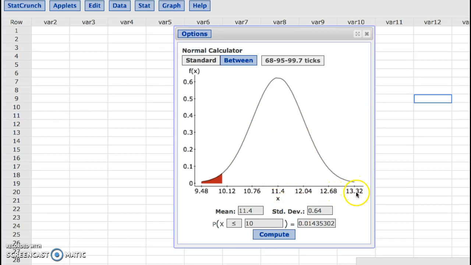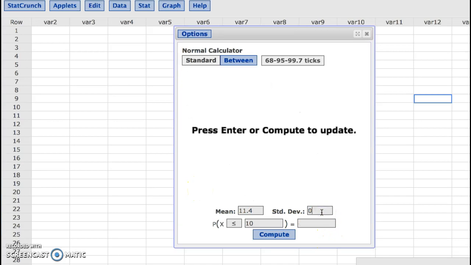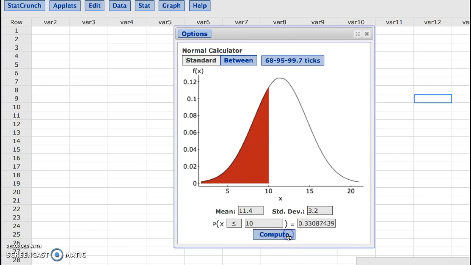The top part of your curve is only about 13.3, and only about 9.5, 3 standard deviations below. But in my underlying population, if I change this back to my population standard deviation, and then I click my tick marks, 3 standard deviations above average is already at 21. 3 standard deviations below, under 2 minutes.